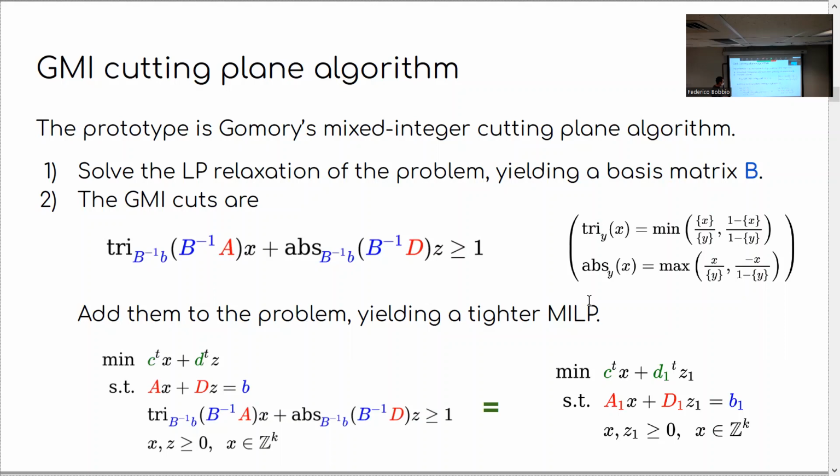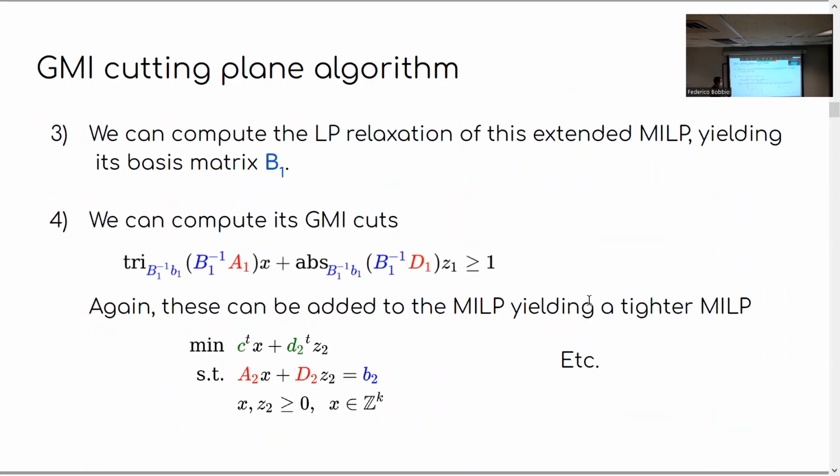If you add them to this problem, well, you end up with a new MILP, which is equivalent to the first one, with extended constraint matrices, but whose LP polyhedron is now tighter. And in particular, since you have now this extended MILP, you might start everything over again.